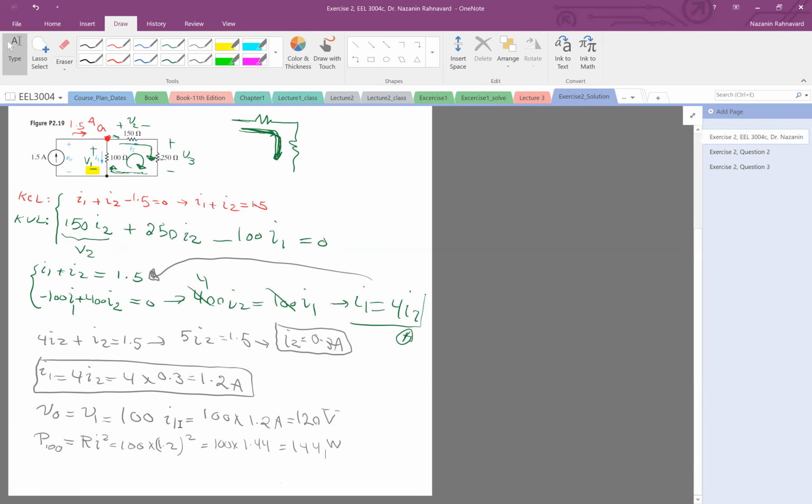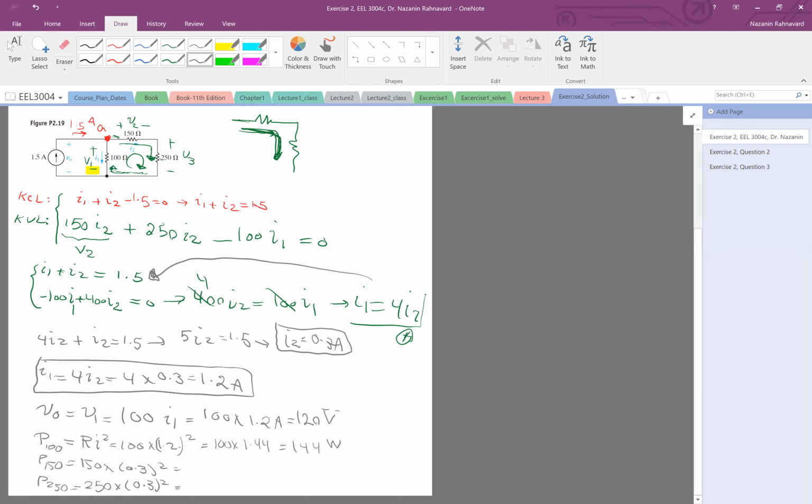It's a plus, so it's consuming power. The same with the 150 ohm resistor: 150 times 0.3 squared. For this one I probably need a calculator. And for the 250 ohm resistor, 250 times its current squared, 0.3 squared.